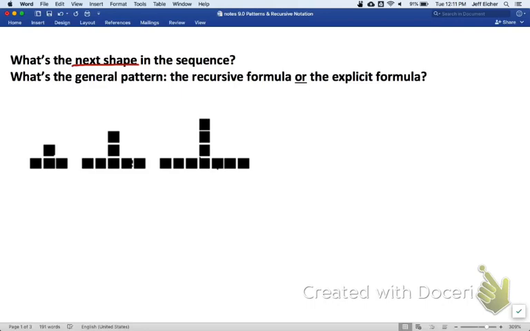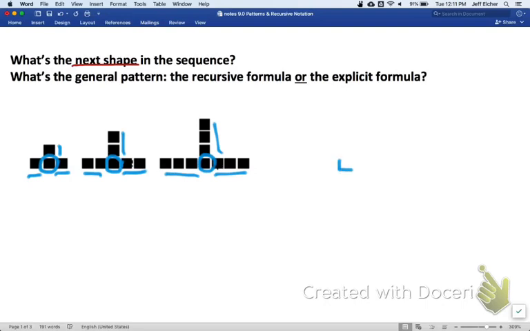So there's lots of different ways that you could think of this. I guess what I noticed first is we have kind of a center and then one left, one right, one up. And then if we keep that center, now we go 2 right, 2 left, 2 up. And if we keep this center, we go 3 right, 3 left, 3 up.